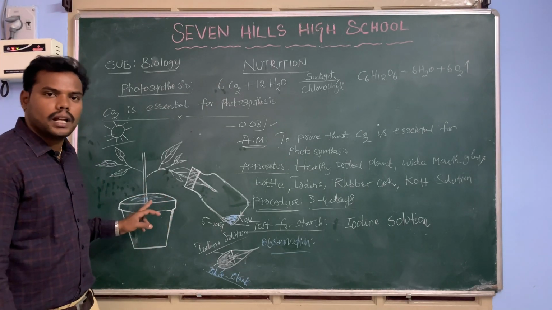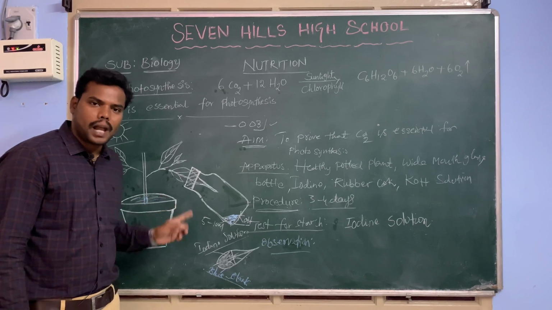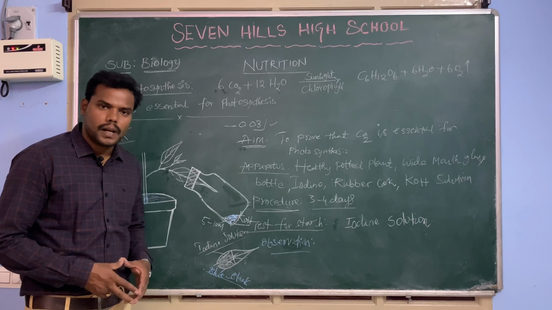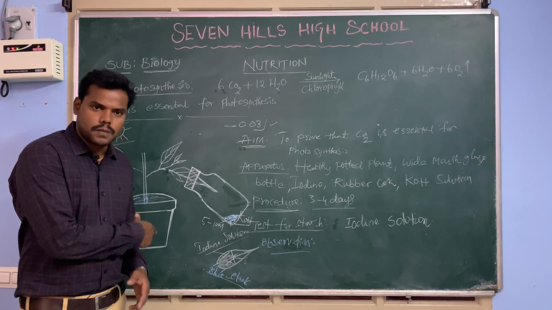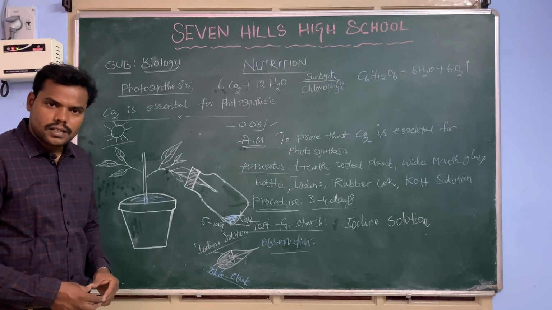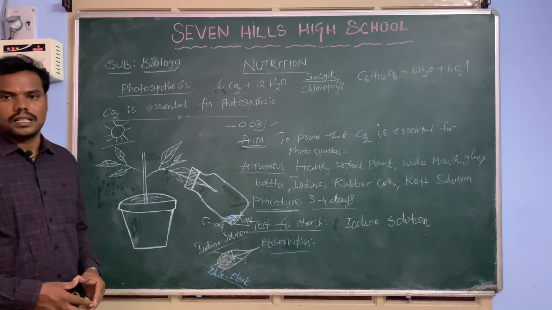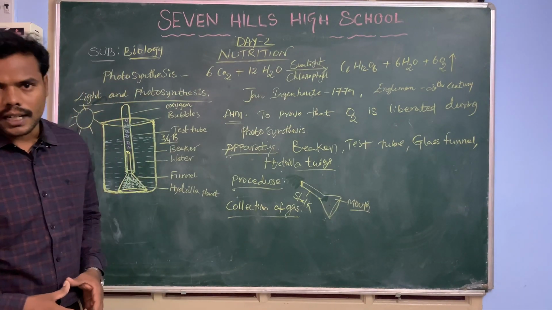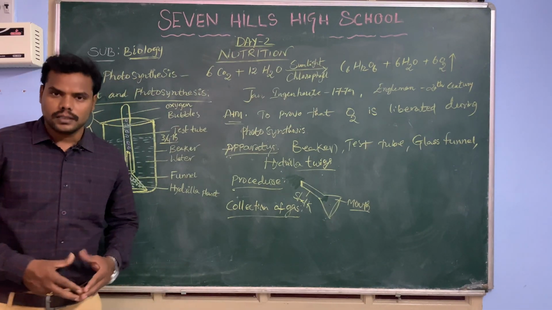Whenever we keep it in the dark room, the healthy potted plant turns into a de-starched plant. With the de-starched plant only, we start the experiment to prove that carbon dioxide is essential for photosynthesis. That was the last topic we studied.